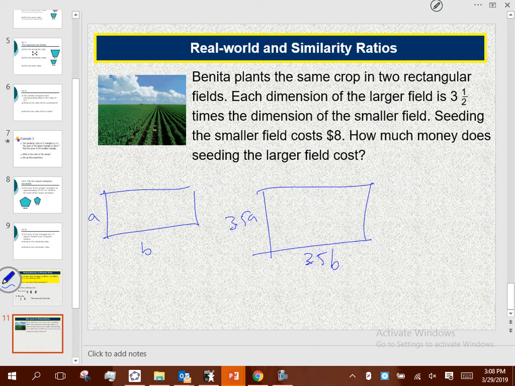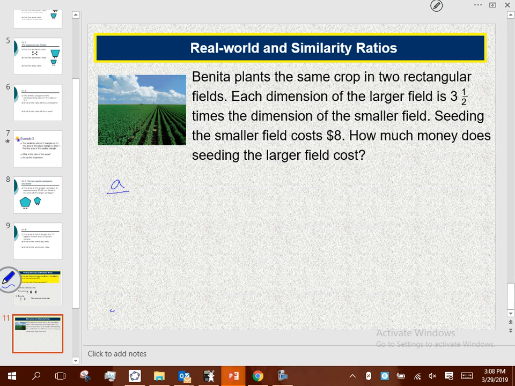Does that make sense? Okay. If I compare those, it's A over 3.5A. Isn't that 1 over 3.5? That's my scale factor. My scale factor is 1 to 3.5. Okay? So my A over B is 1 to 3.5.